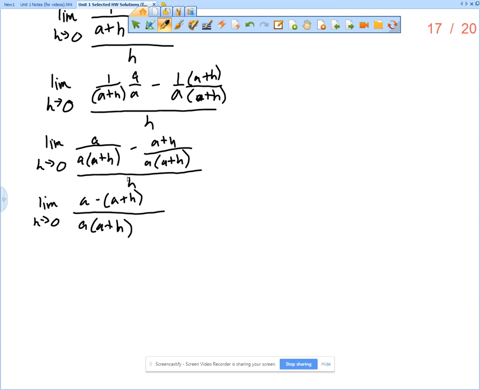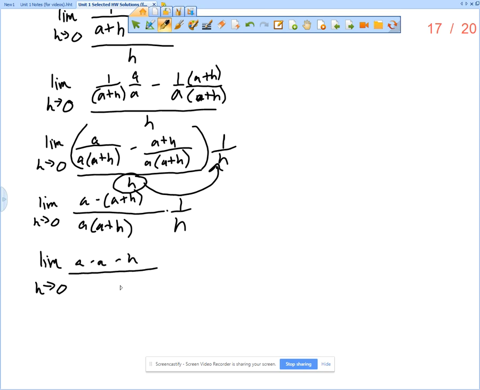If I'm dividing by h, isn't that the same as multiplying by 1 over h? So then I really just have this next fraction times 1 over h, which means I have an h multiplied in that denominator. So the limit as h approaches 0 of, if I distribute there, a minus h, divided by a times h times a plus h.